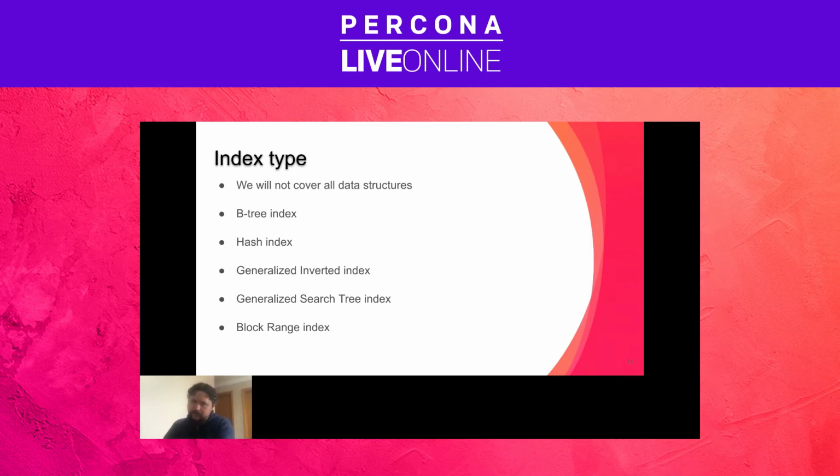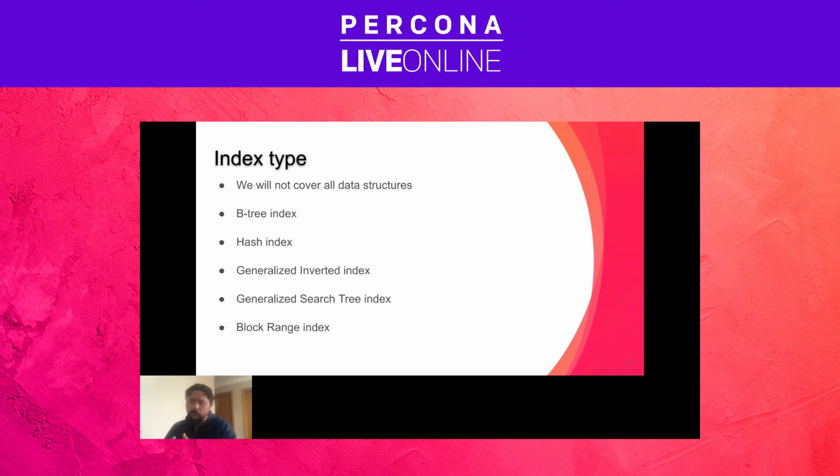The hash index is also common. If I'm not mistaken, all databases have an implementation, at least the ones that I know. A hash index is a very efficient index when we have an equality, when it's not a range scan. Hash indexes don't work for range scans, because how does a hash work?